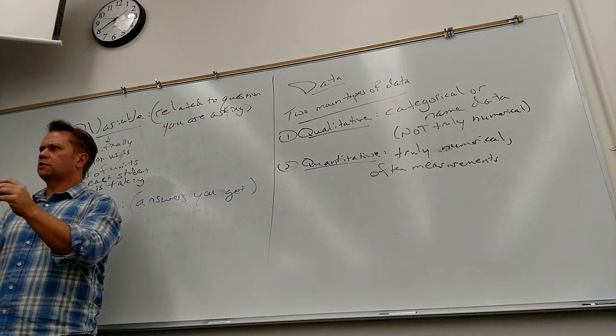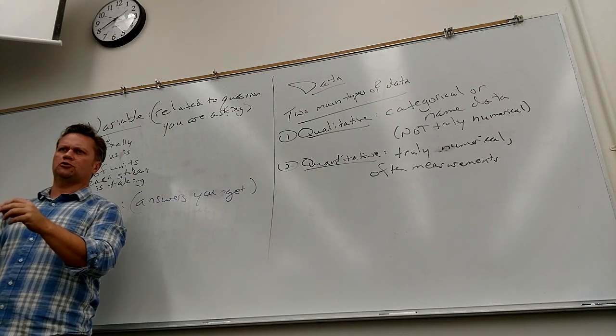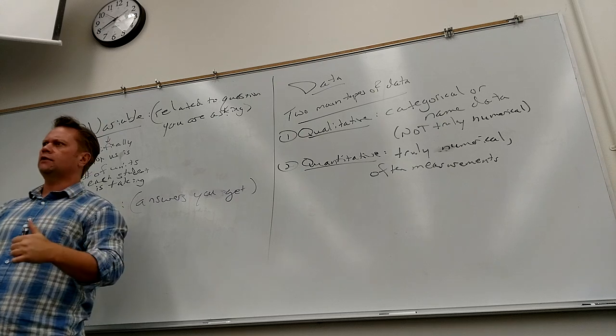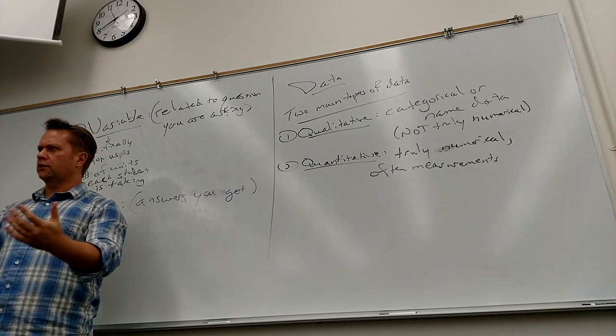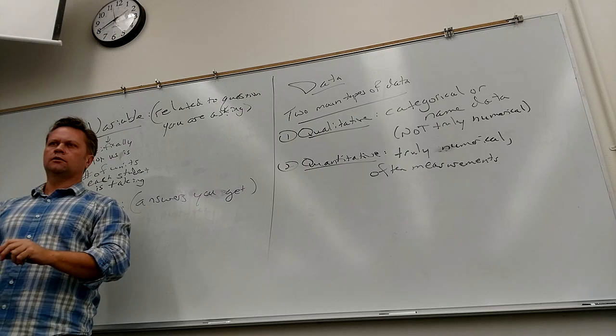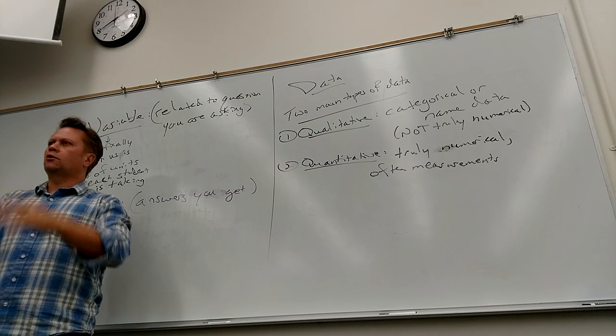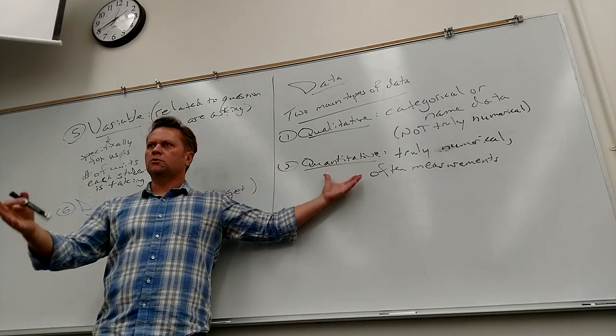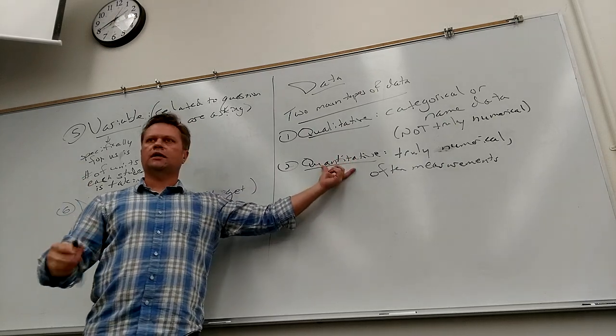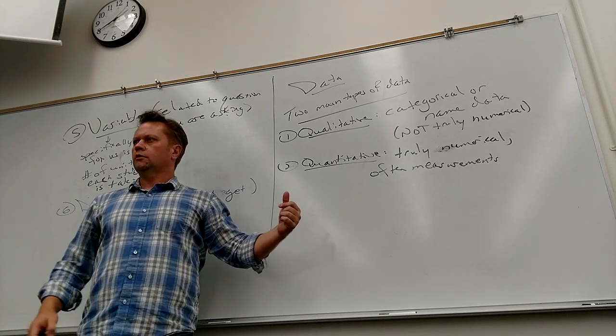But not just measurements, anything that's truly numerical, you can subtract and it makes sense. It's not just a name for something, it's a measurement of something somehow. So age, weight, height, any measurement you can think of is basically going to be quantitative.